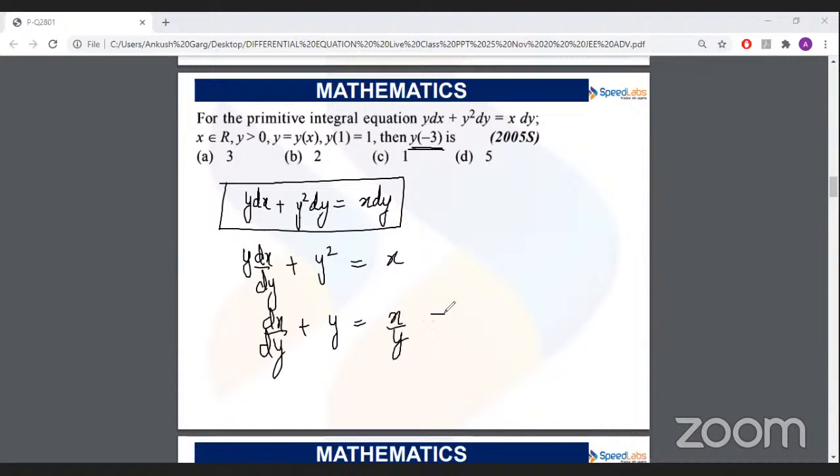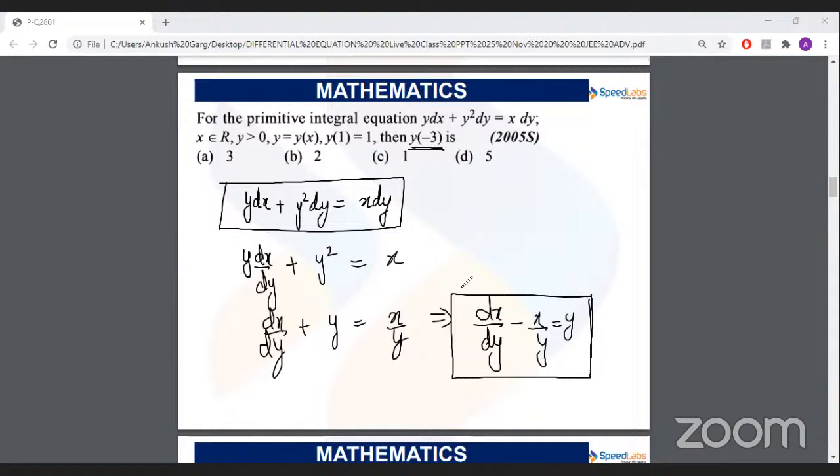Now you can take this on the right hand side, so this will become dx by dy minus x by y equal to y. Correct. So now can you see this is becoming a linear differential equation in x: dx by dy minus a function of y into x equals some other function. Now you can solve it using the same method.